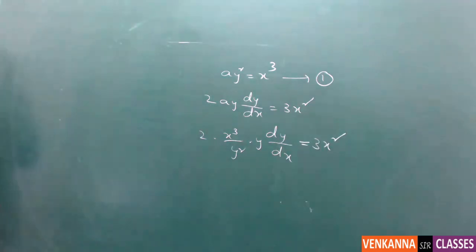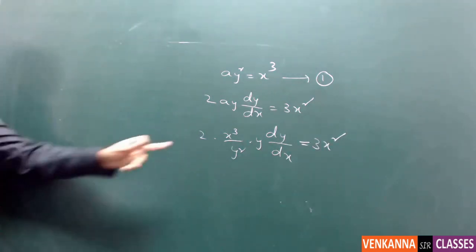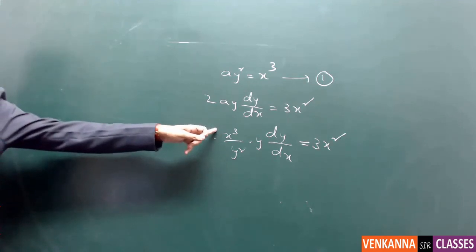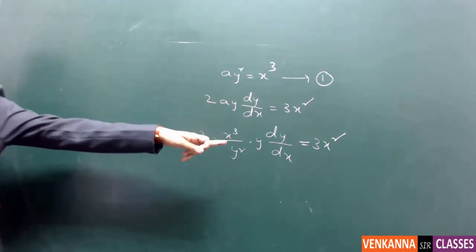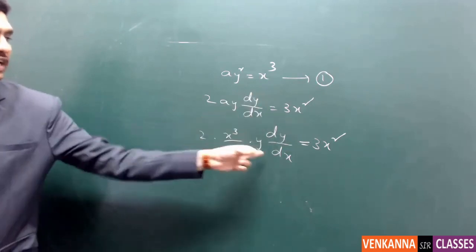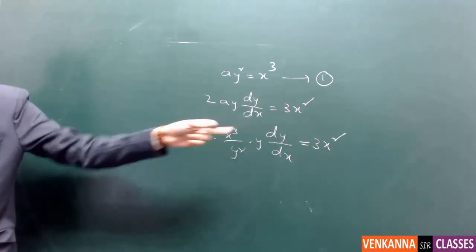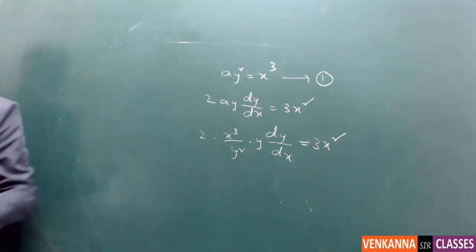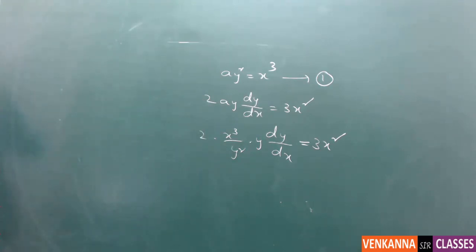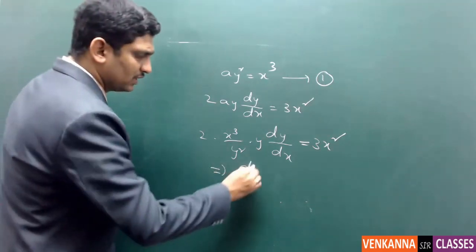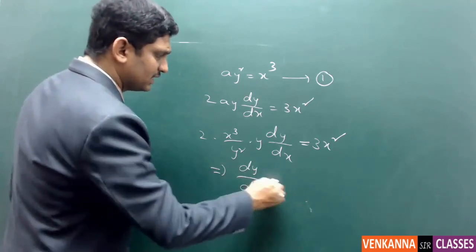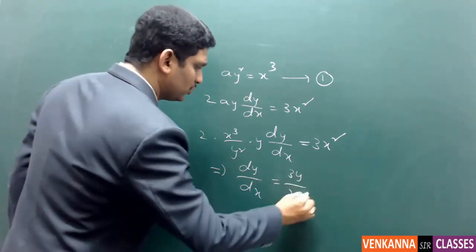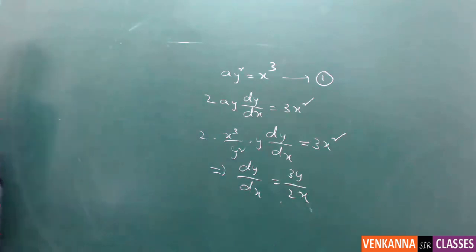Now see, we have a differential equation having the independent variable x, dependent variable y, and the corresponding differential dy by dx, and obviously it is not containing the parameter a, so it is our required differential equation. Okay. So from this, can we say that dy by dx is equal to 3y by 2x? Please check.